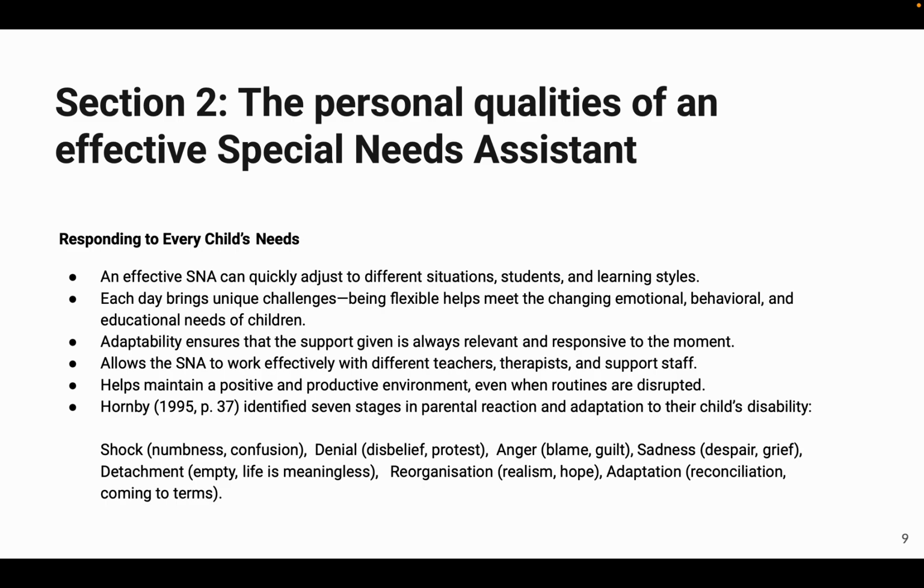This helps maintain a positive and productive environment even when routines are disrupted. In my quote, I have Hornby, 1995, page 37. He identifies the 7 stages in parental reaction and adaptation to their child's disability.